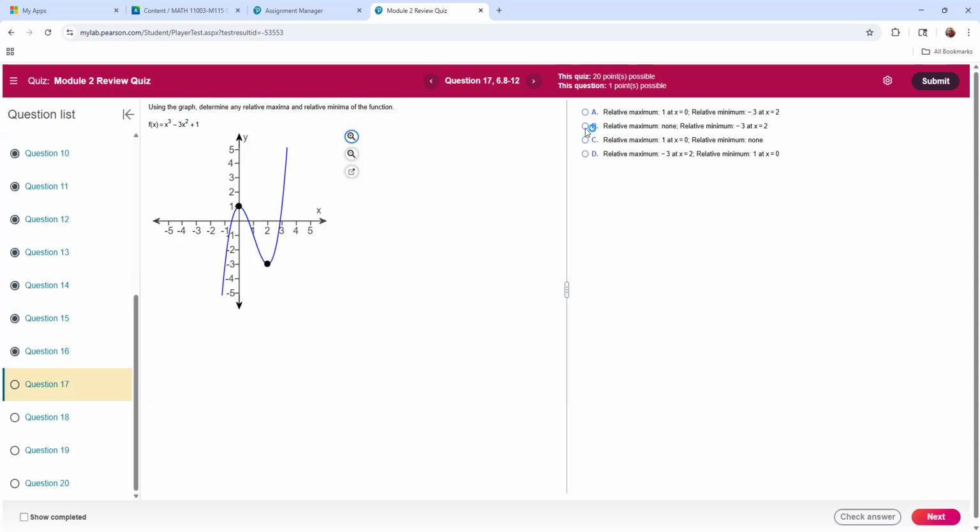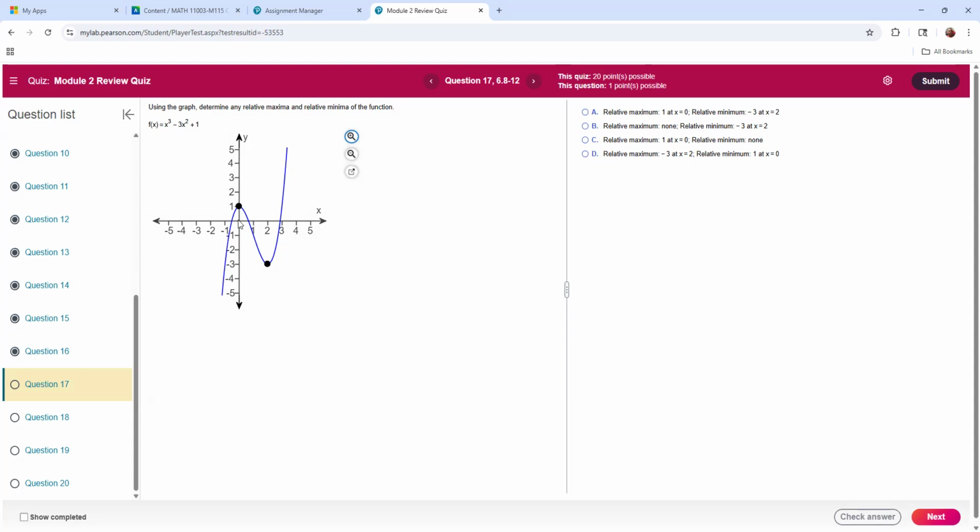So let's see. There's no way it can be B because B says there's not a maximum. And then there's no way it can be C because C said there's not a minimum. So it's got to be A or D. So let's put that maximum. We got a maximum of 1 at the x value of 0.